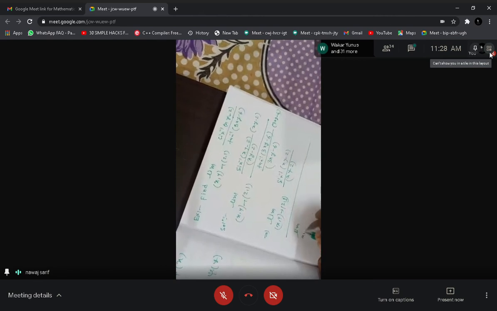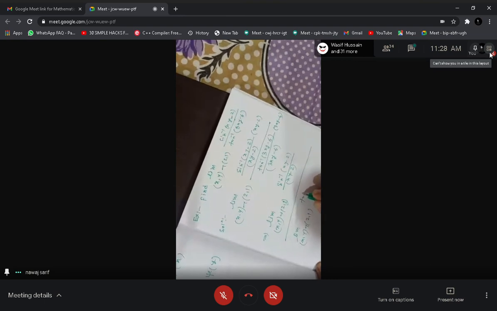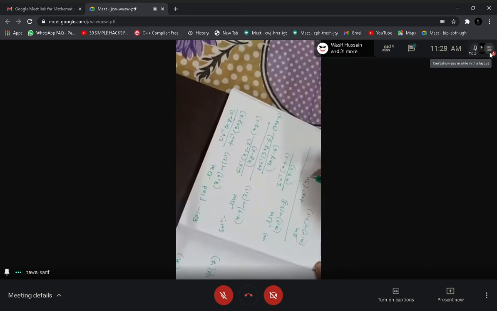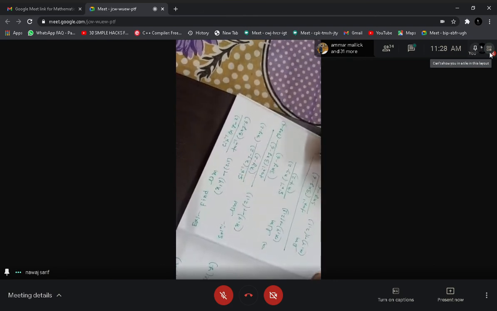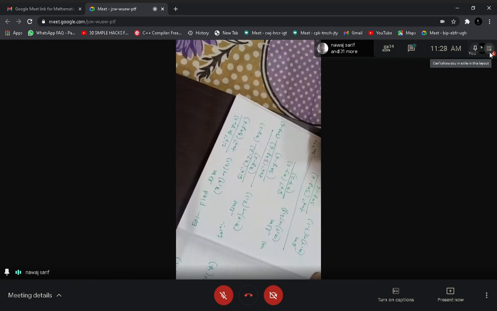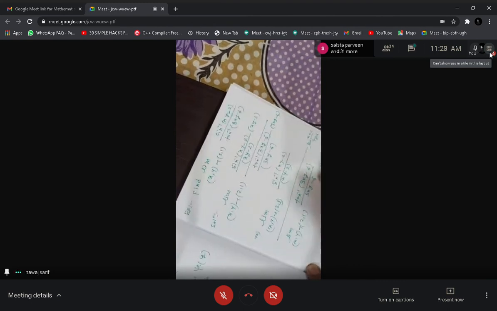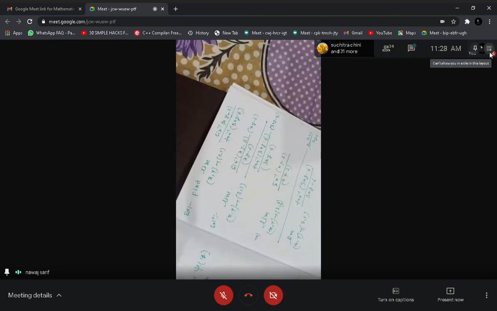The limit as x, y tends to 2, 1 of tan inverse (3xy minus 6) by (3xy minus 6), into the limit of (xy minus 2) and (3xy minus 6). So what will be the limit of this one? 1.